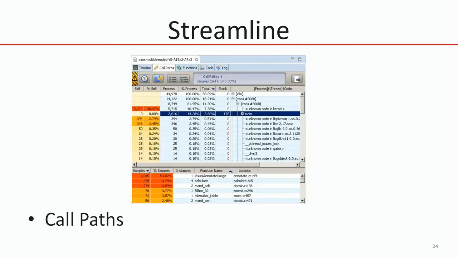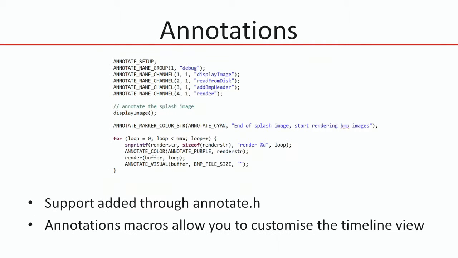Again, so this becomes very easy to visualize. If we want to get more information, there's also a method of annotating our code. We can simply add a file to our code, annotate.h, and this then allows us to add a set of macros to our code, which are basically sending information out of additional trace units within the CoreSight processor, the instrumentation trace.